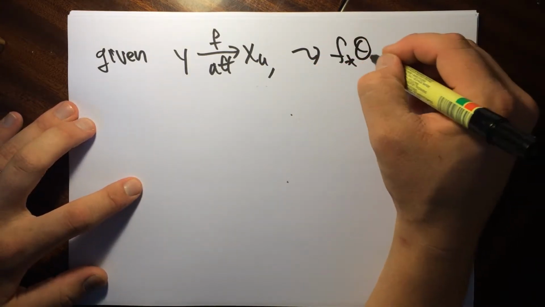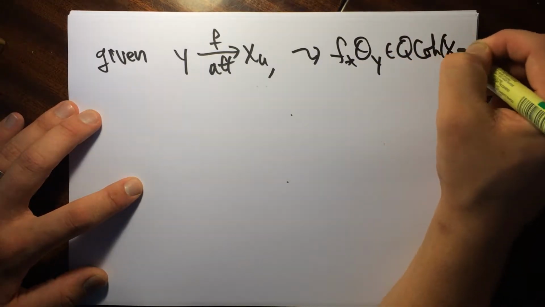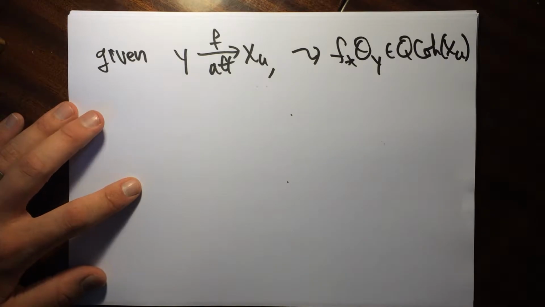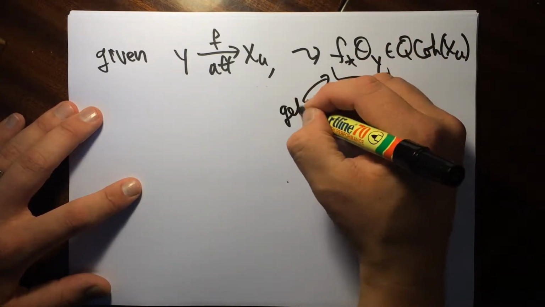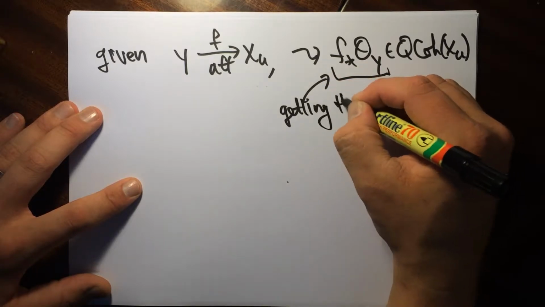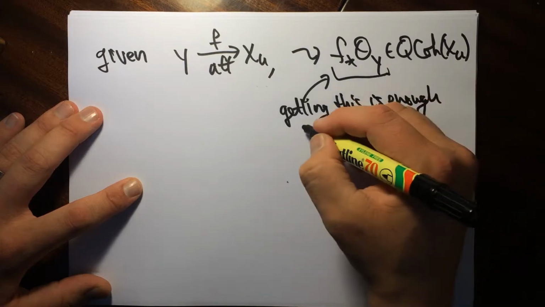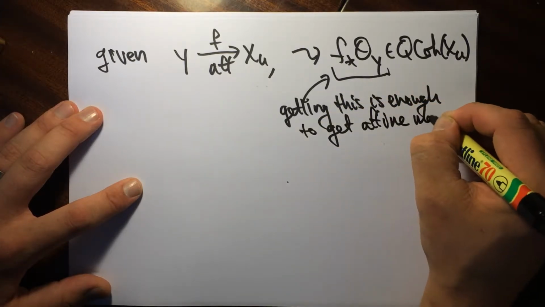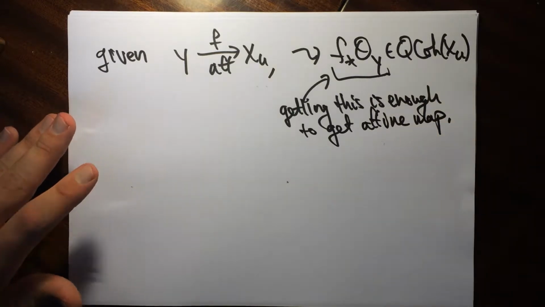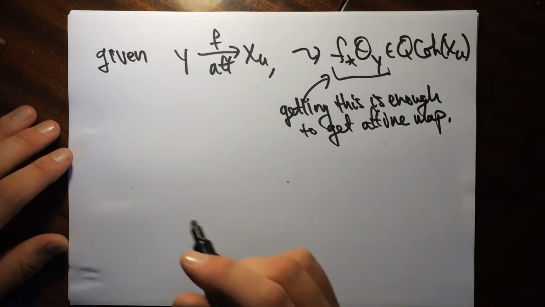Notice that we have this sheaf here, and actually knowing this is enough to get the affine map. And again, affine maps are just maps where the inverse image of an affine open is affine. So this is kind of an important example here.